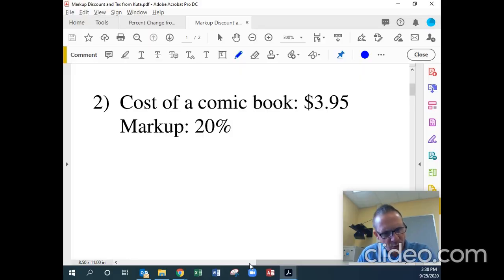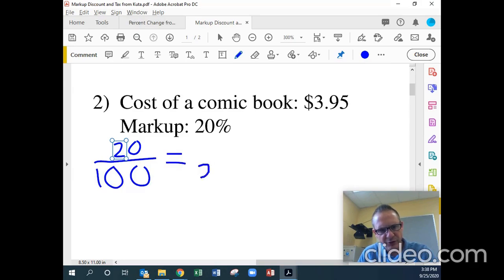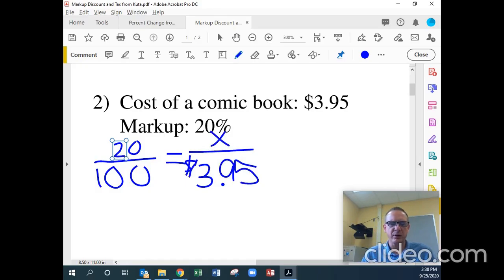Well, 20% of the $3.95 is the part that you pay more. So part of what you pay is the $3.95, and you pay a little bit more. You pay 20% more. Let's go ahead and solve this one.